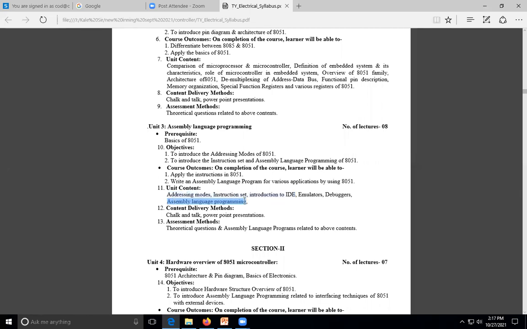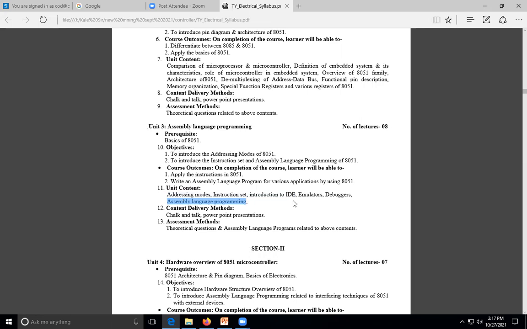So the main content is addressing mode, instruction set, and assembly language. We discuss the environment at the time of the practical, and also here in the PPT, but in the practical we see where we have to run the program. So we will discuss these points in unit number 3.